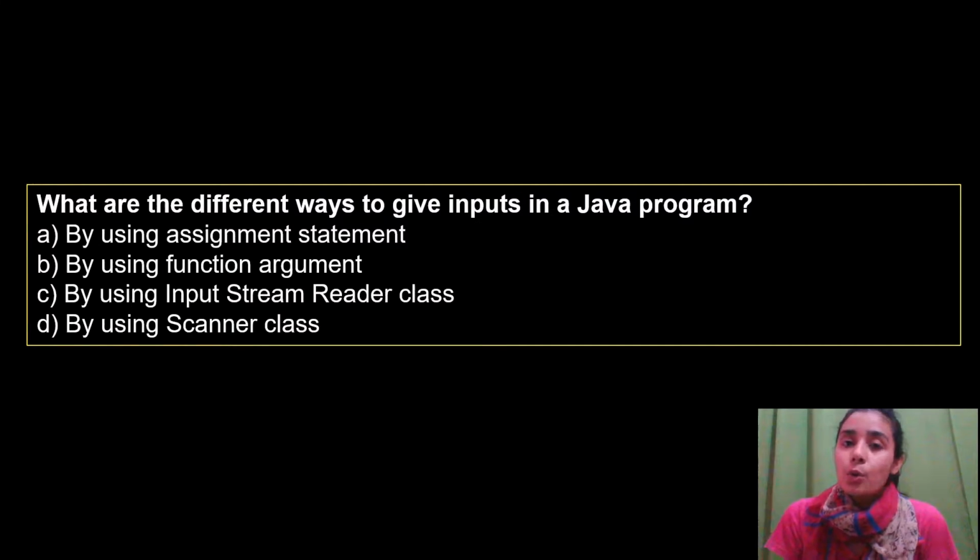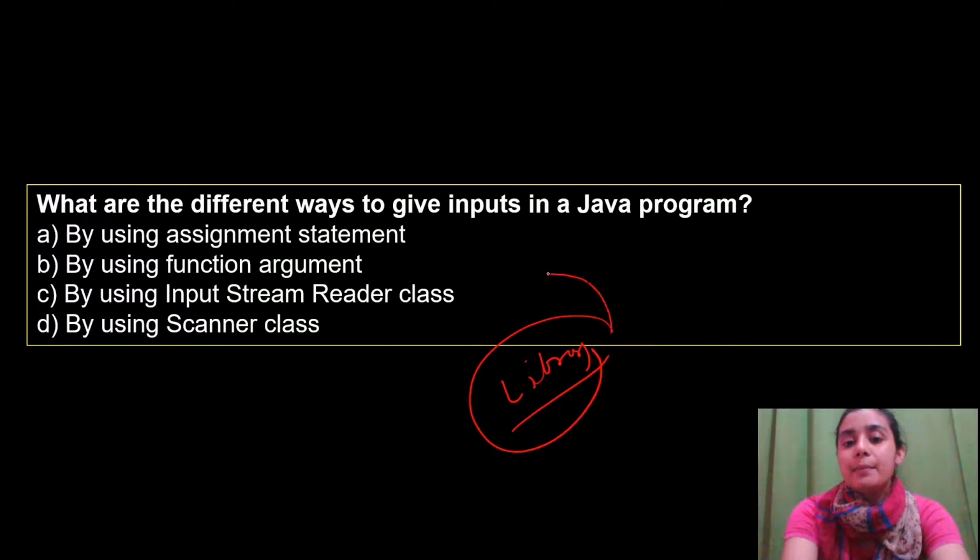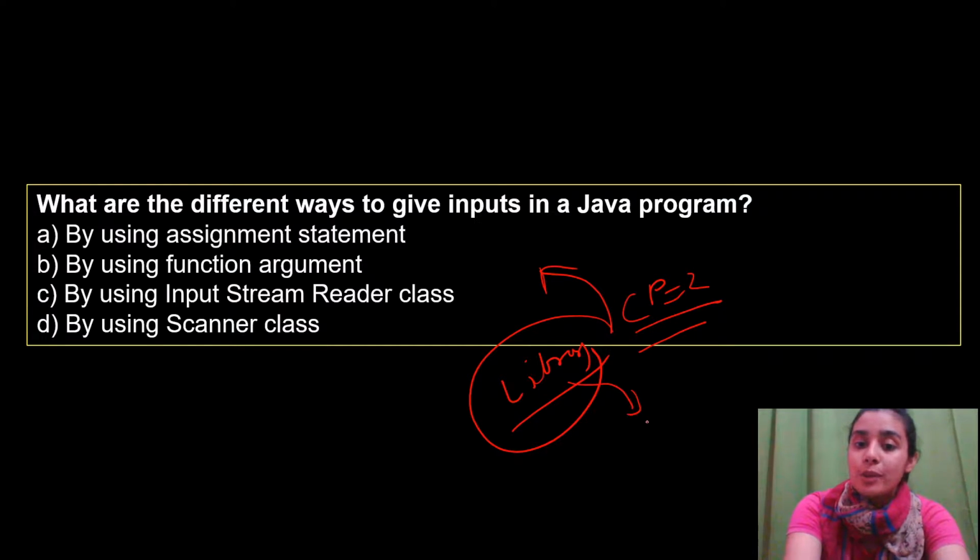So in this video, we are continuing the part of our chapter that is library classes. As you know, in the previous class we started chapter number 2 of ICSE class 10th computer application, and now we are continuing with that chapter.